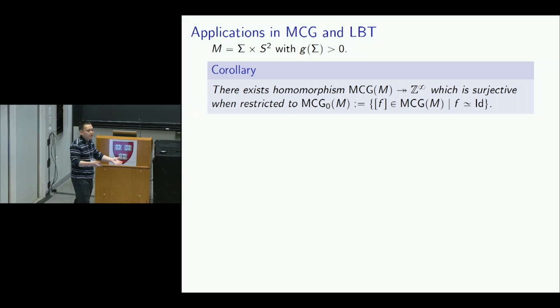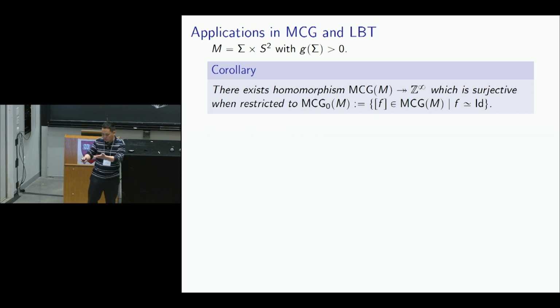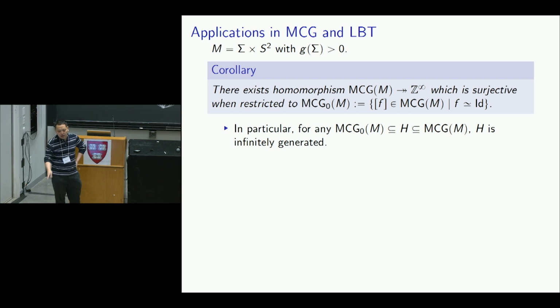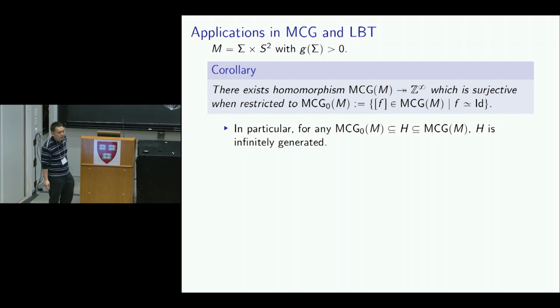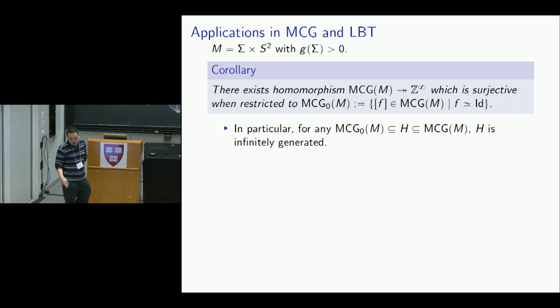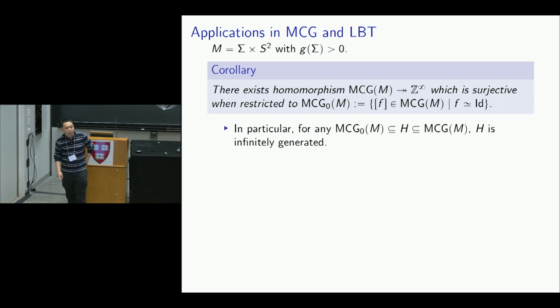So if you consider all diffeomorphisms of M which are homotopic to the identity, you still get an infinite rank subgroup. In particular, any subgroup in between these two groups is always infinitely generated. So this is another result about infinite generation of mapping class groups.